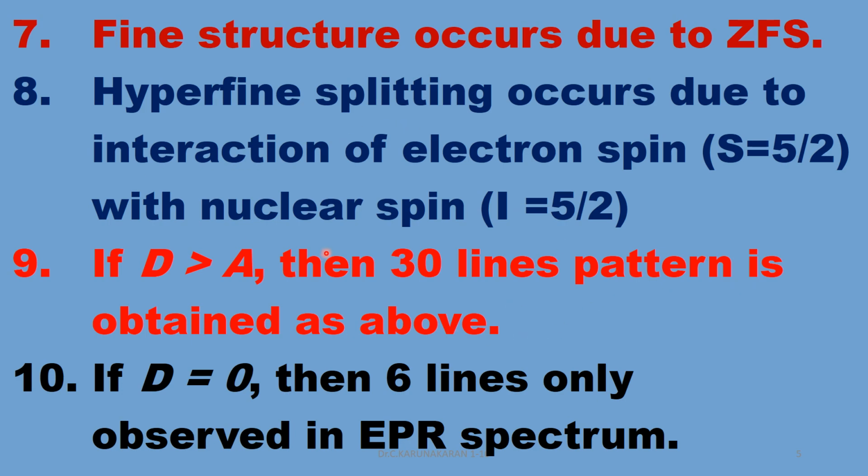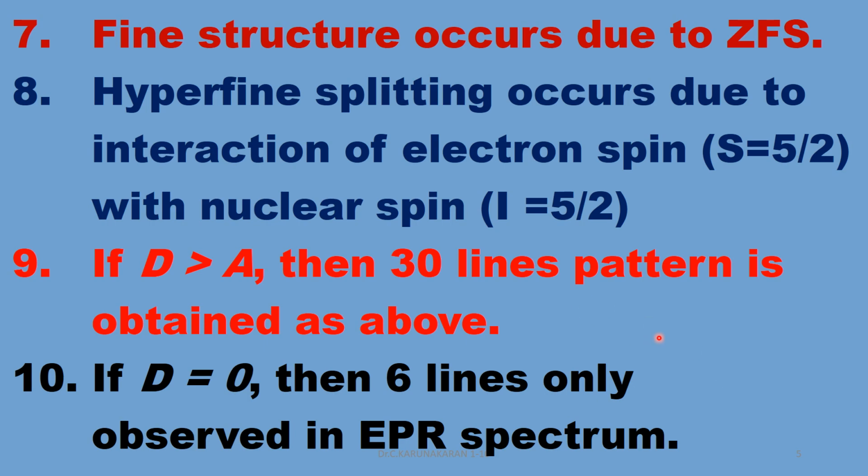We have seen this in the previous diagram. If D is equal to 0 or D is less than A, then only 6 lines are observed in the EPR spectrum. In various competitive exams, they will ask how many EPR lines are observed in manganese 2 plus if D is greater than A, or if D equal to 0 in the manganese 2 plus ion, how many lines are observed in the EPR spectrum?